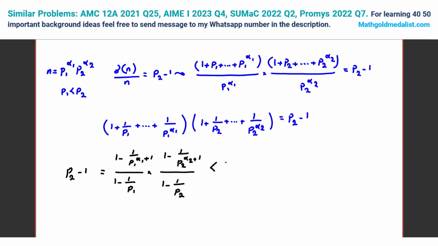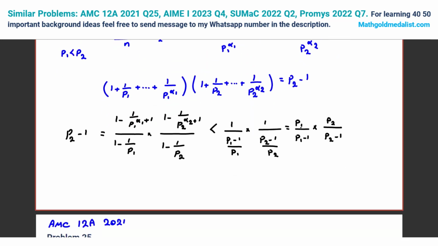And we know it is less than, here we can say, it is less than 1 over this one. It is P1 minus 1 over P1 times P2 minus 1 over P2. So we can write P1 over P1 minus 1 times P2 over P2 minus 1.